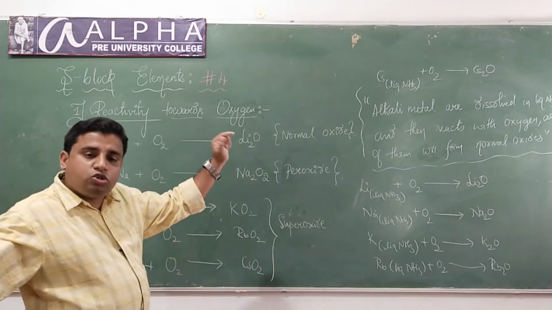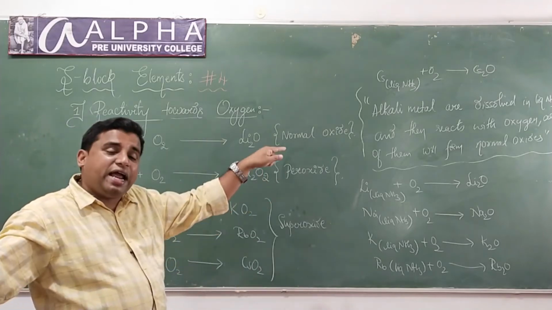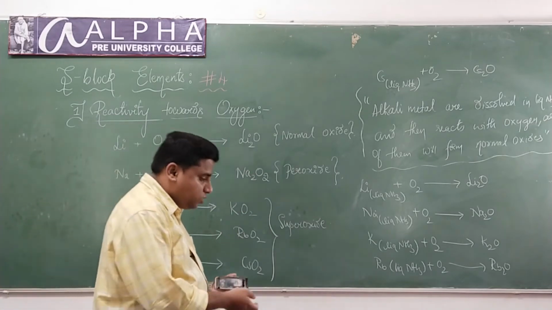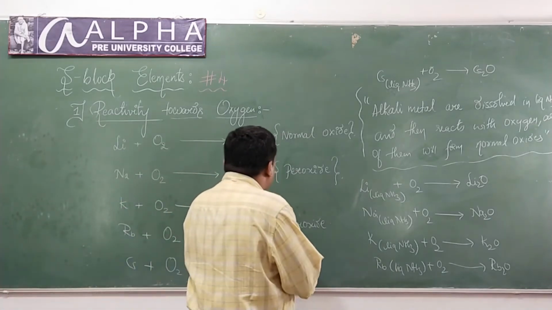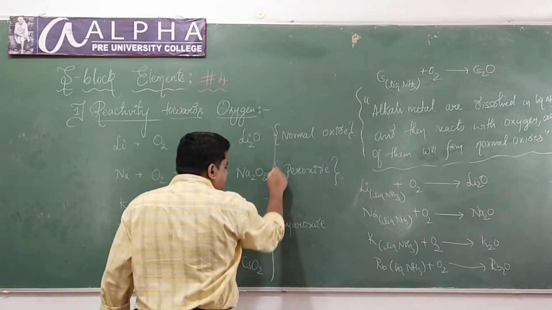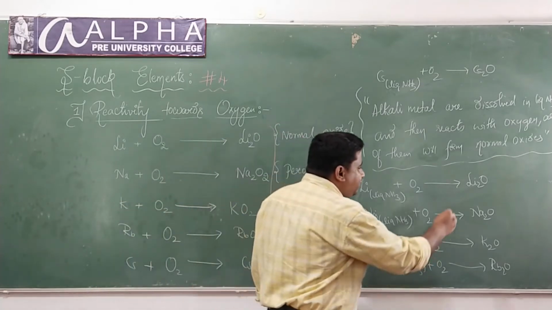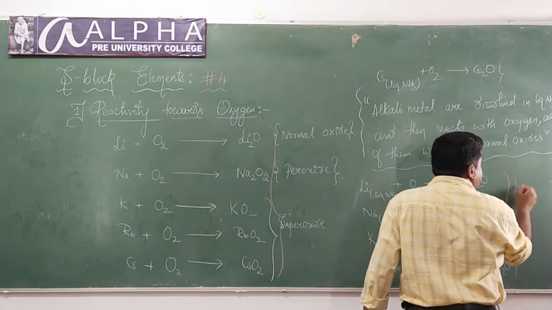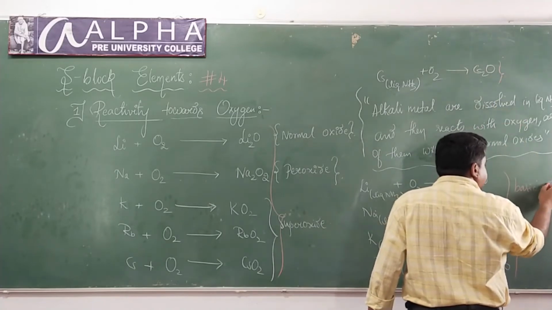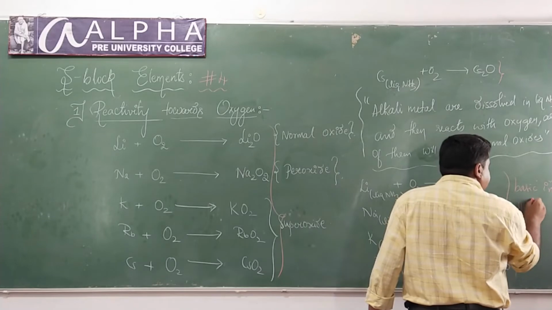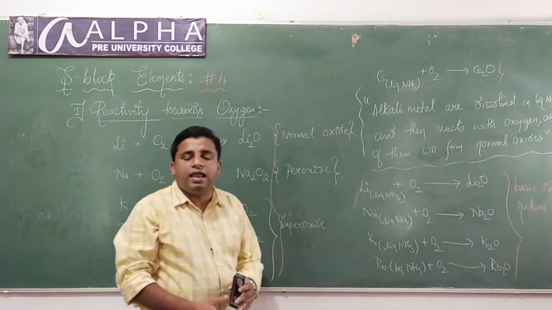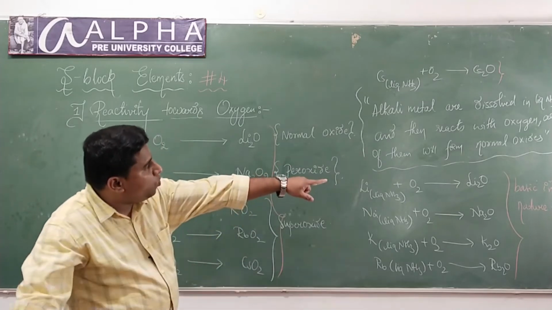But if they are first dissolved in liquid ammonia and then react with oxygen, they form the same type of oxide. Remember, all these oxides are basic in nature. Understood? All the oxides of alkali metals are what?